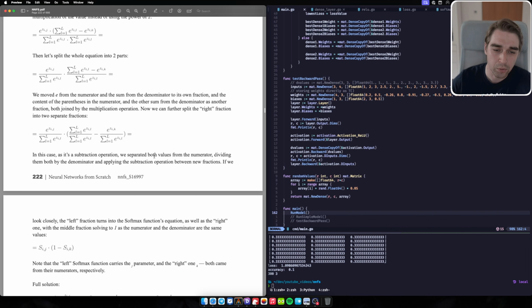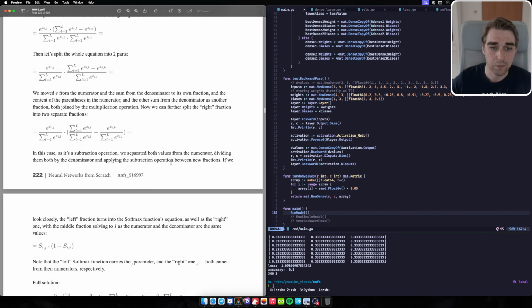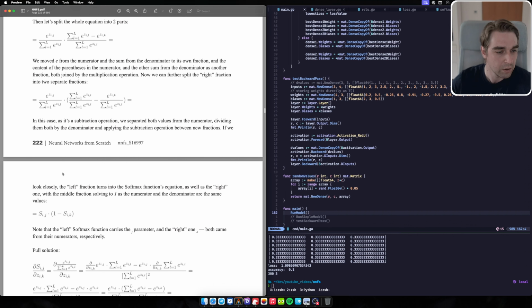We separate both values from the numerator, divide them by the denominator, and apply the subtraction operation between the fractions. If we look closely, the left fraction turns into the softmax function equation, as well as the right, this one.